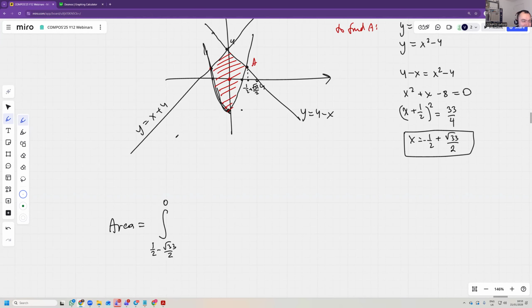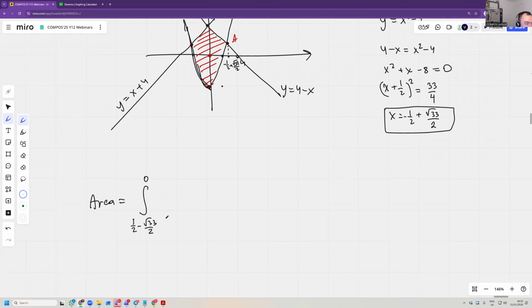it's going to be x plus 4 dx, plus the area of this, so under this graph, plus the integral from 0 to minus a half plus root 33 over 2 of 4 minus x dx, plus, now we need to be careful.